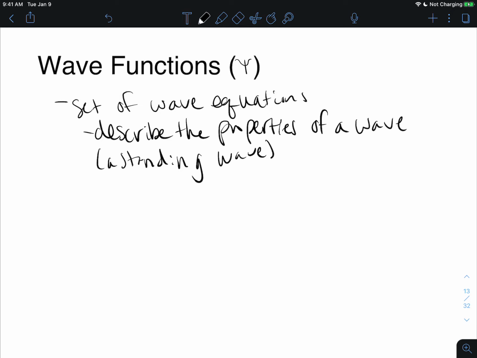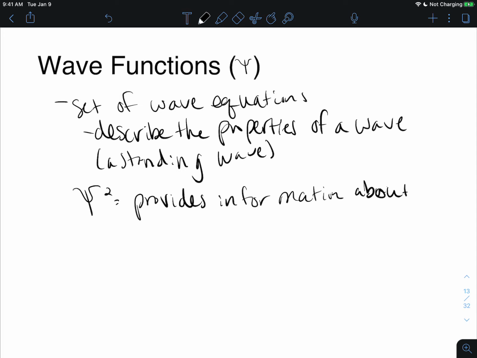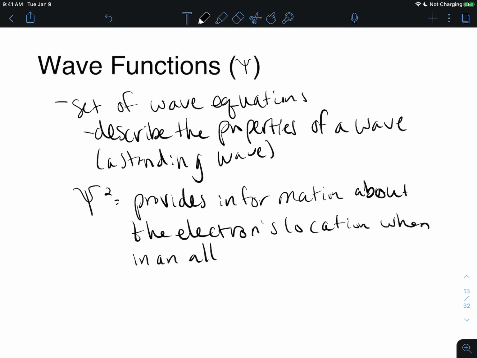Now, our psi doesn't give us much information, but our psi squared does. If we take our wave function and square it, this will give us information about the electron's location when it's in an allowed energy state.